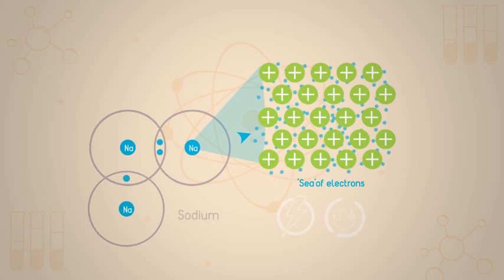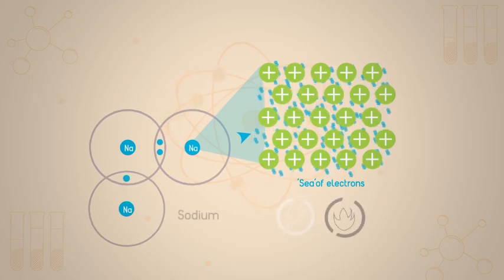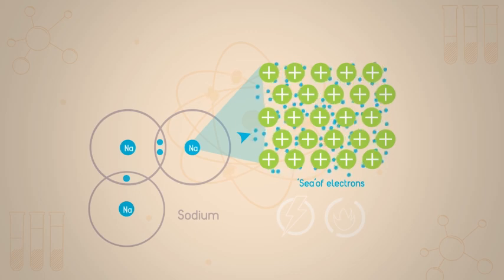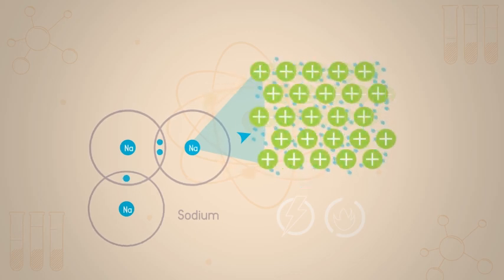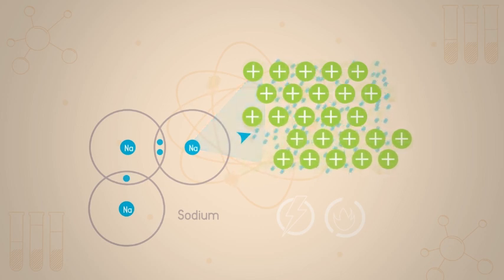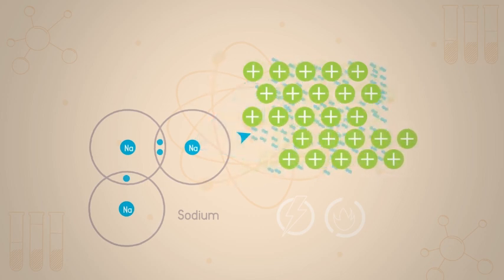The loose electrons mean metals conduct electricity and heat very well. The non-directional nature of the bonds means that the atoms can slide past each other, which allows metals to bend and melt very easily, but they will be difficult to vaporize.